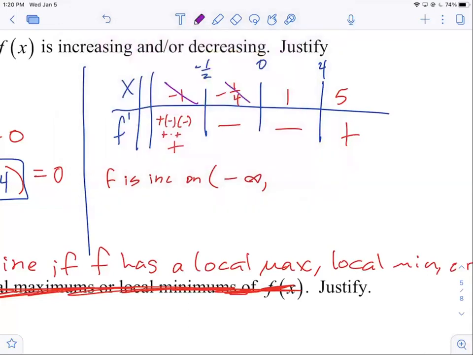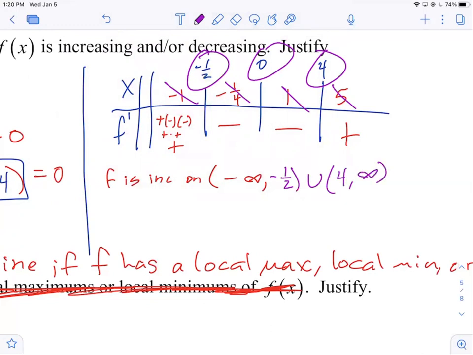Again, after you use those values, if you want to cancel them out or circle these guys up here, -1/2, union 4 to infinity. And if we had to write the reason, let's go ahead and write it. Because f prime is greater than 0 on these intervals.